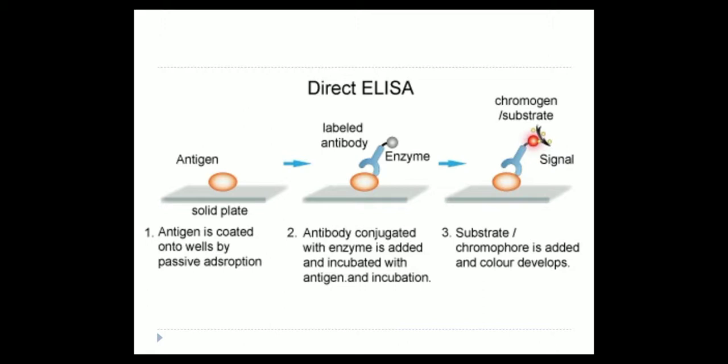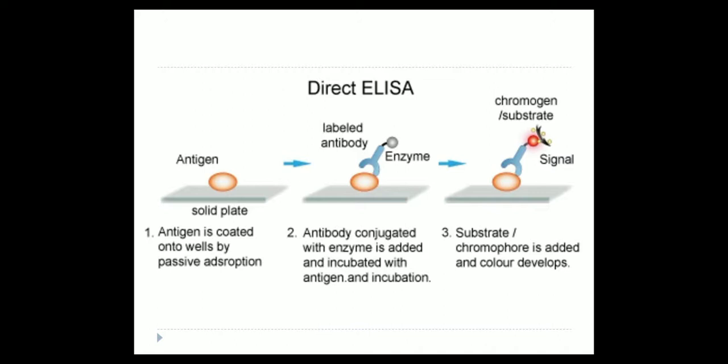Now antibody conjugated with enzyme is added and incubated with the antigen. Here you can see this is the antigen, and this is the antibody coated with enzyme, which binds directly. That's why it is called direct ELISA. If it binds indirectly, then it will be called indirect ELISA, which we will discuss in a bit more detail later.